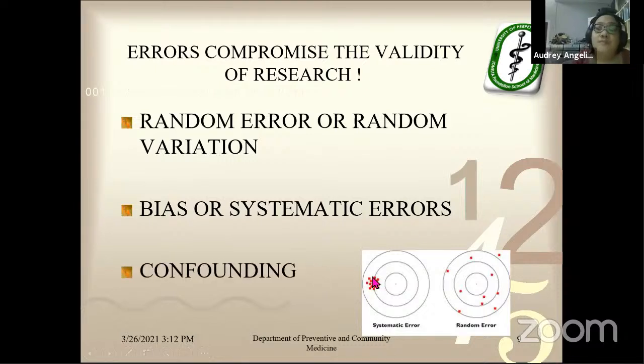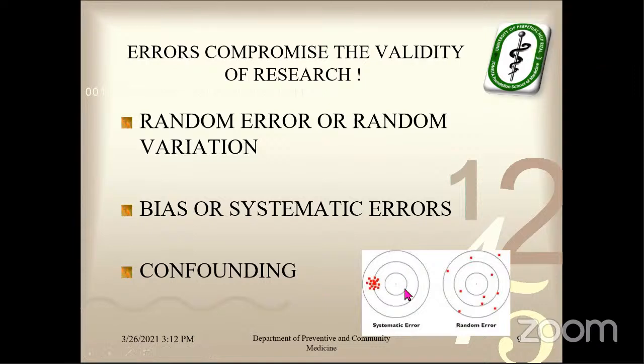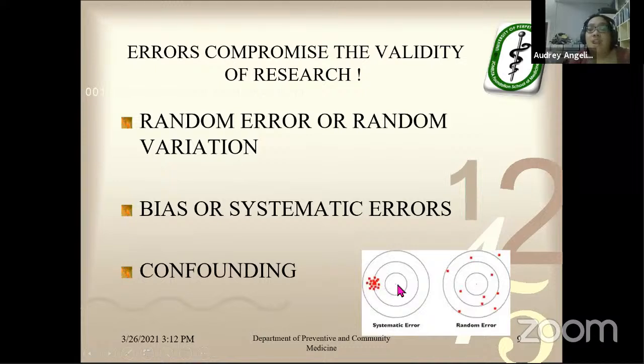Okay, so could you be accurate without being precise? Could you be precise without being accurate? So you could be precise, but you are not on target. So precision could be present without accuracy. Okay, but accuracy cannot be present without precision.